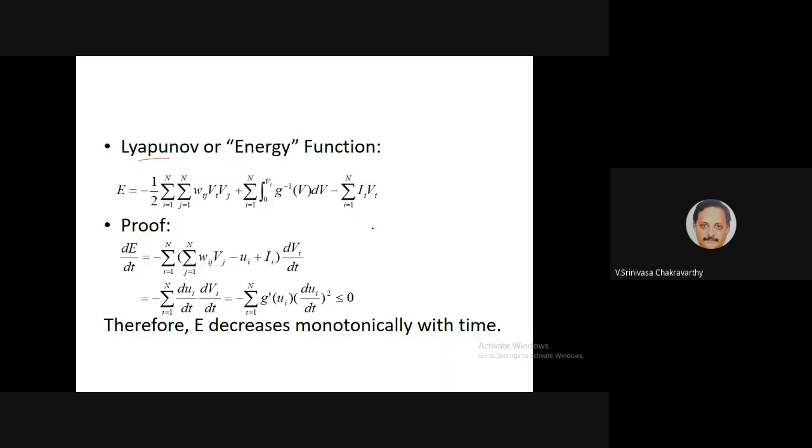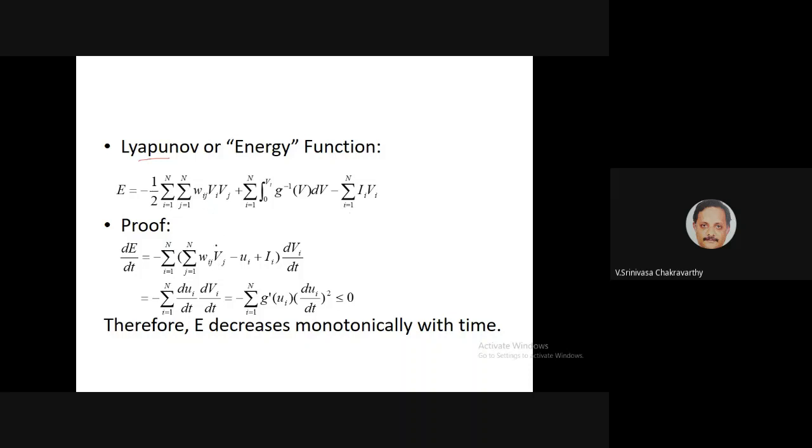So how do you show that? Basically, we need to show that dE by dt is less than or equal to 0. That's how you show that E monotonically decreases. So if you differentiate this with respect to time, you get this expression: sigma i equal to 1 to n. But this has a double summation, so the second summation goes into the brackets, and you get wij vj.